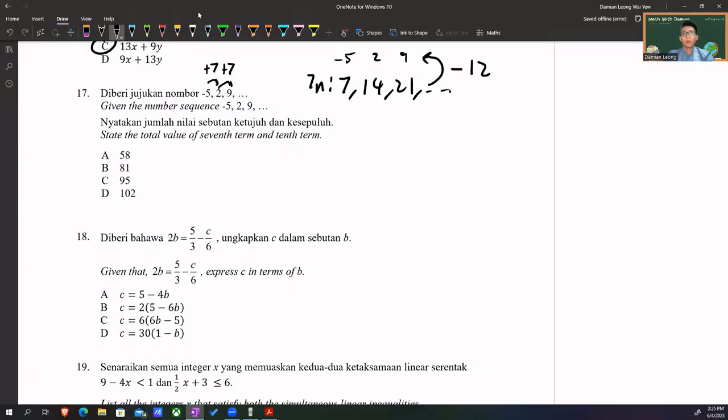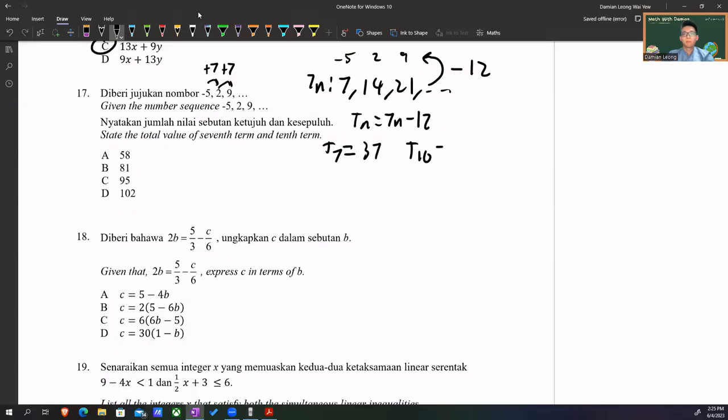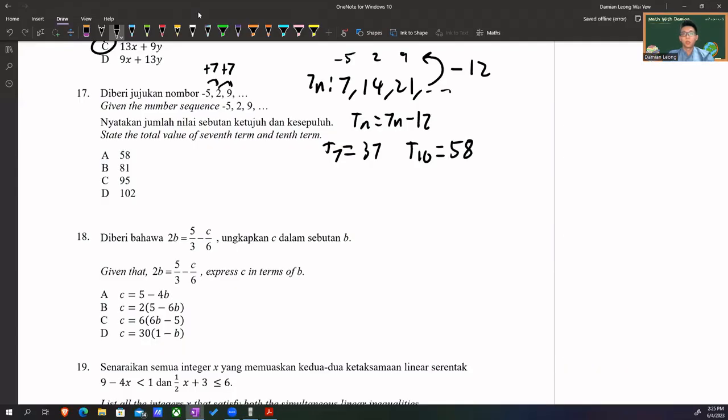Okay. So the nth term is 7n minus 12. So term 7, 7 times 7 minus 12, 37. 10th term, 7 times 10 minus 12, 58. So total value, 37 plus 58, 95. Answer would be C.